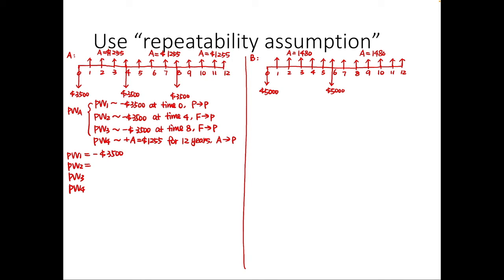PW2 you need to use the formula to convert future value to present worth, which is F times P/F, MARR and N. So that is 3,500 times the P/F 10%. How many number of years? It's from the time 0, it is 4. Okay, so I will skip the calculation.